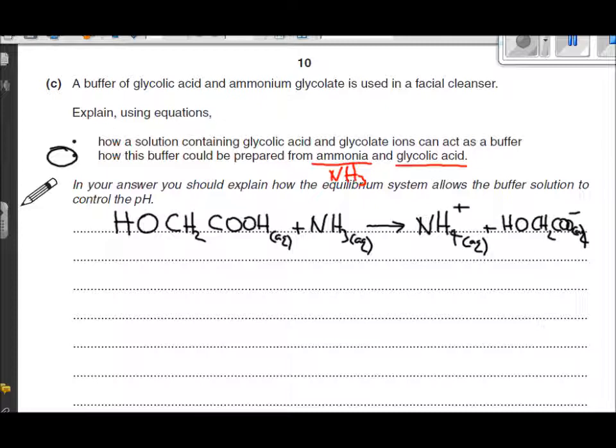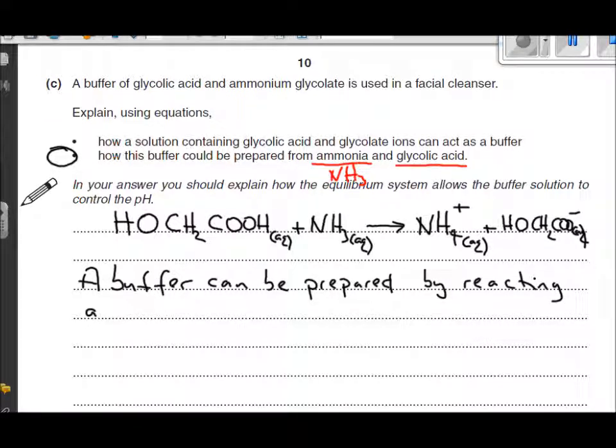So in this case, a buffer solution can be prepared, and what we need to say is that it will be by reacting. Now, there's a key word here, it's by reacting an excess of glycolic acid with ammonia.